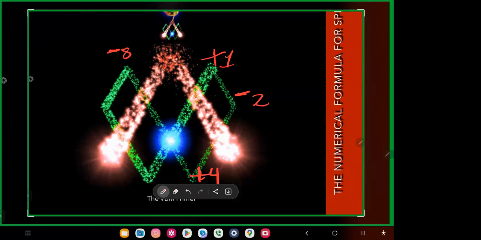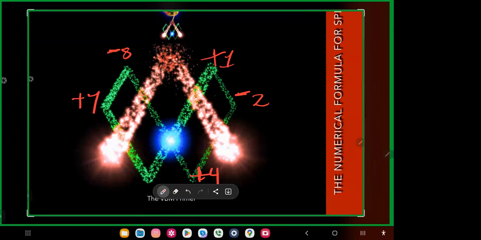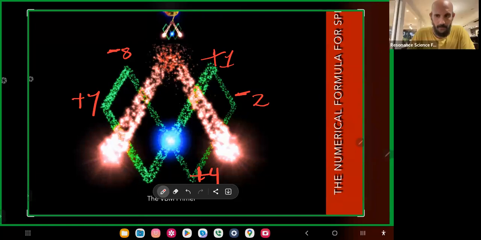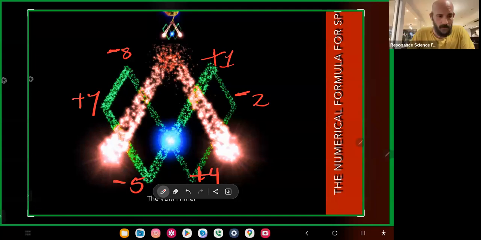So the mirror of positive 1 is negative 8. This is positive 7. The mirror of negative 2 is positive 7. This is negative 5. The mirror of positive 4 is negative 5.